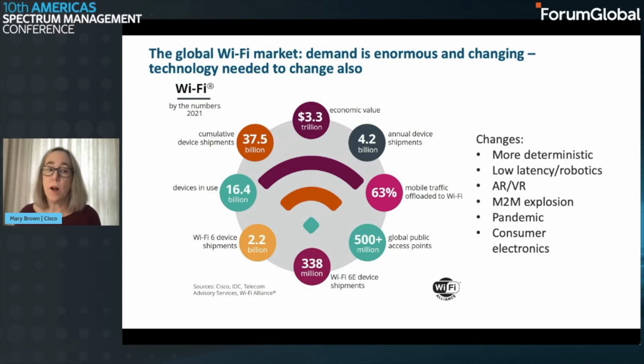We see a requirement for low latency, particularly in industrial uses for robotics, but also increasingly in places like hospitals and even educational institutions where robotics are increasingly going to be used in the future. They may not be as prevalent today, but that transition is coming for sure.